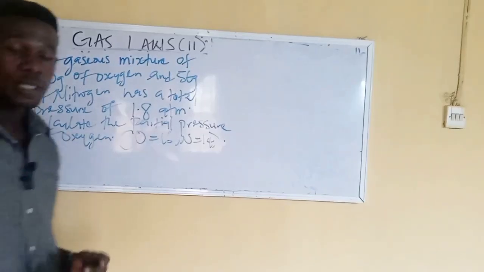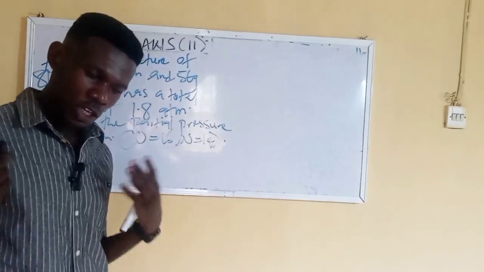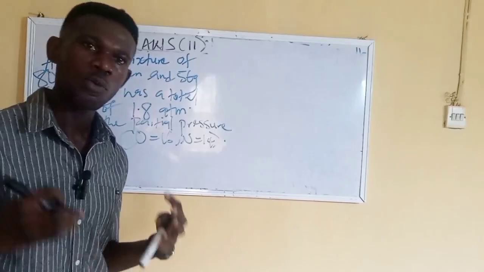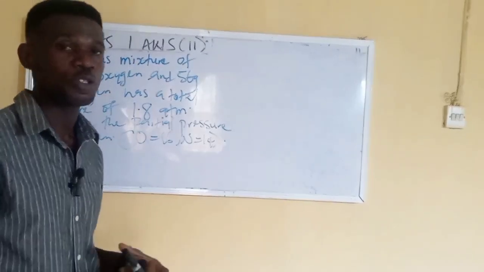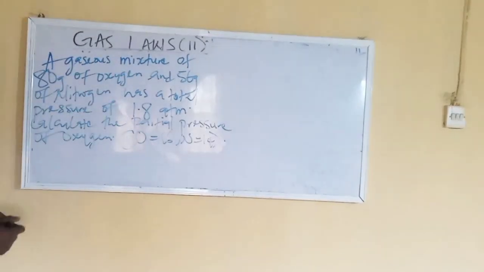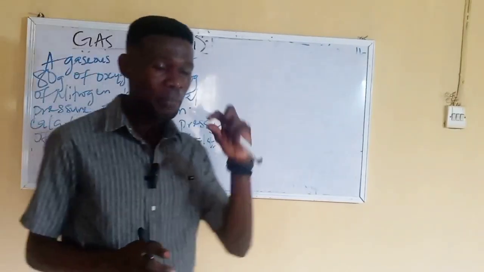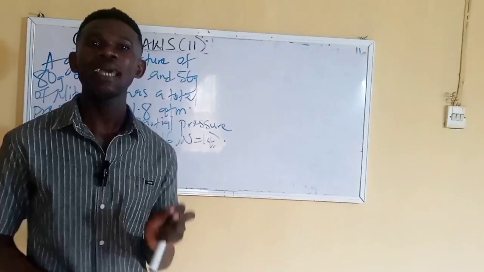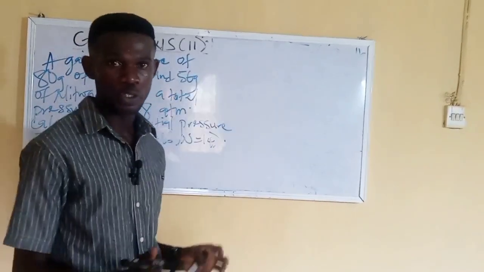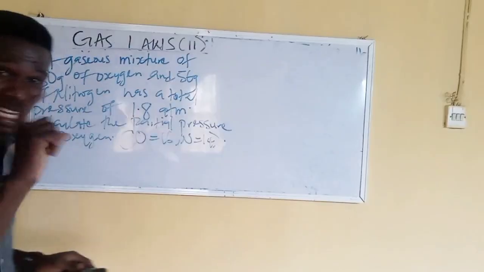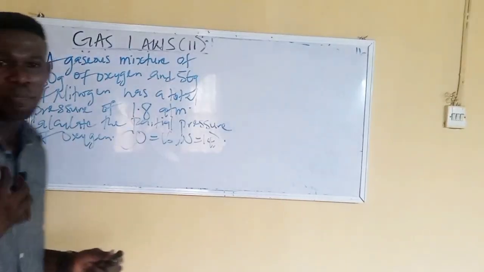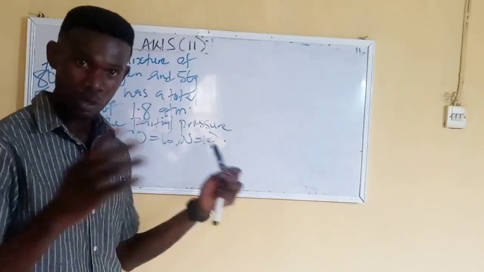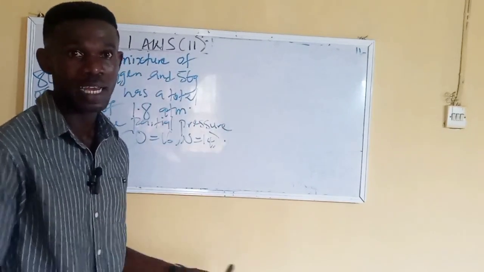As I said earlier, the way to carry out calculations on partial pressure is using the formula: number of moles of that particular gas over the total number of moles, multiplied by the total pressure. That is how you get the partial pressure of that gas, because the partial pressure is the pressure that the gas exerts in the mixture of gases where it does not react.